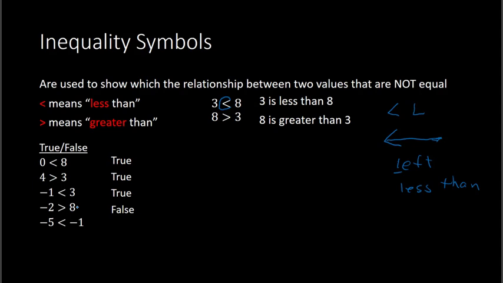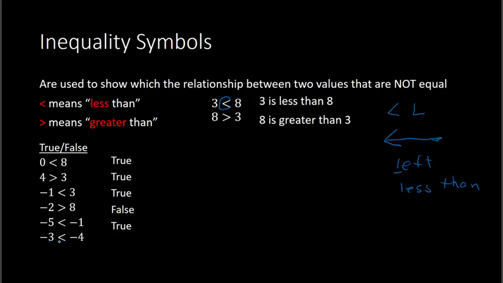Okay, what about this one? Well, the -1 is actually bigger than -5. -5 is smaller, so the mouth is facing the bigger number, so that would be a true statement. Okay, here we have another one. Is this true or false?